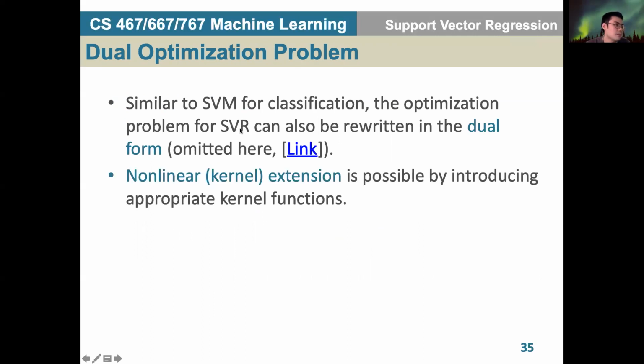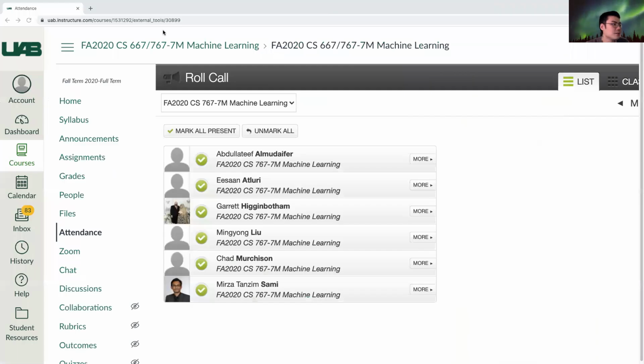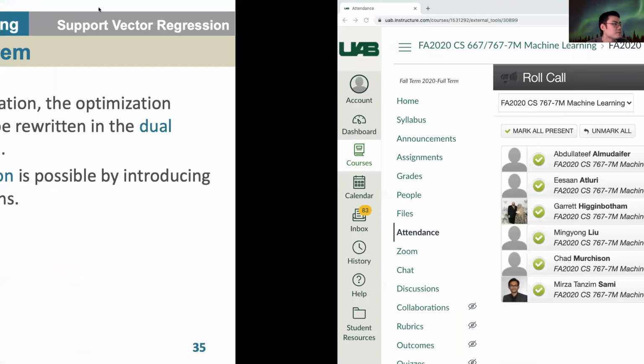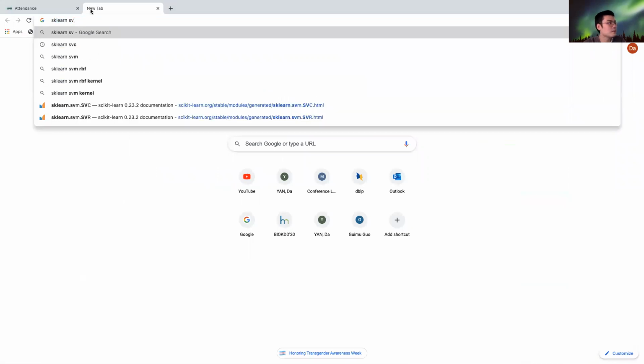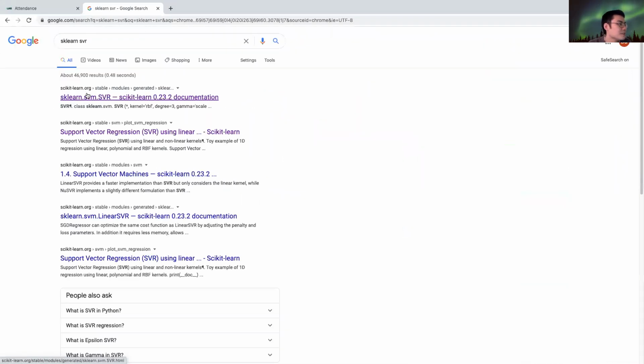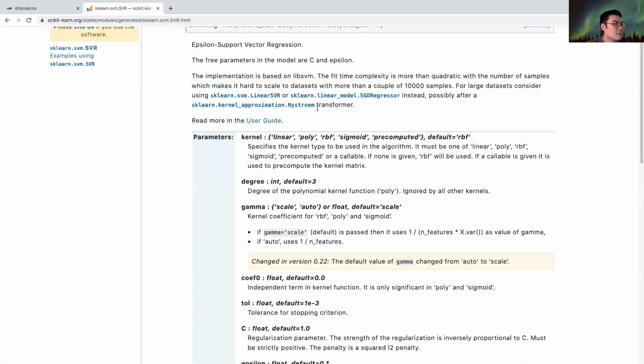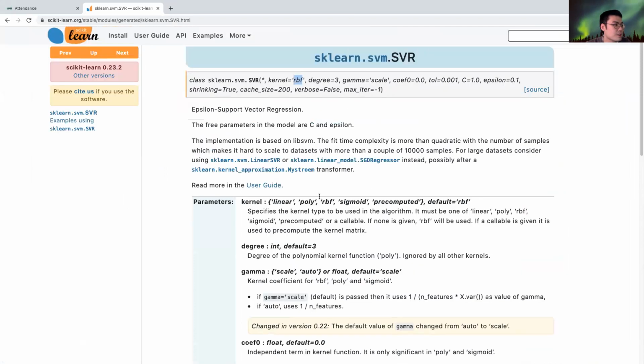And for nonlinear kernels, there is an extension. It's possible to introduce appropriate kernel functions. So again, if you look at SVC, you can still use kernel functions. All these are still valid.